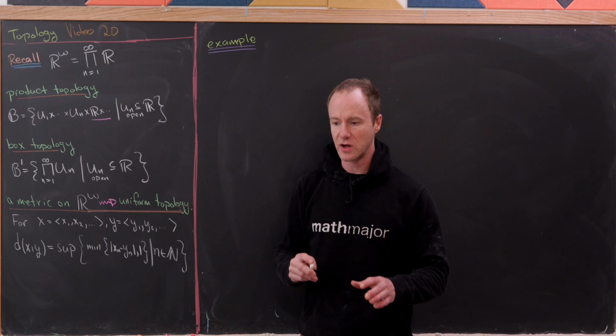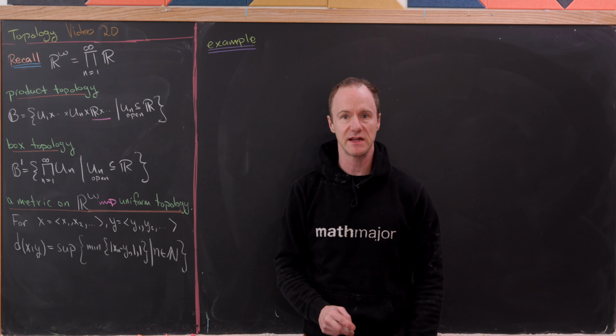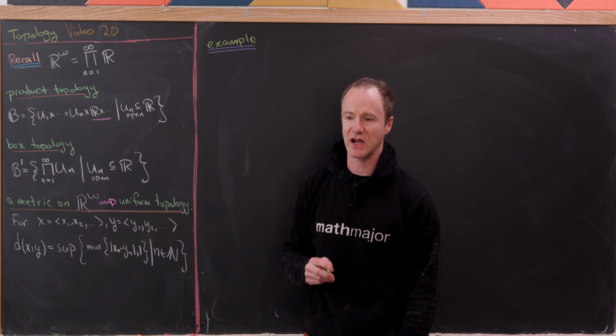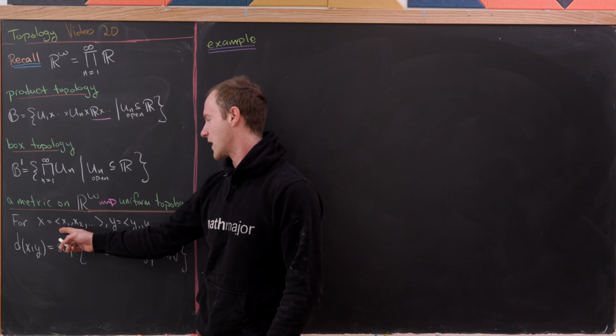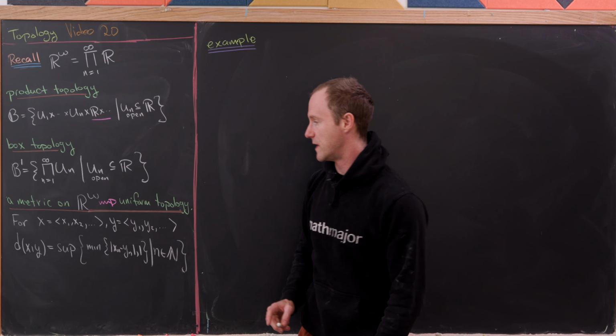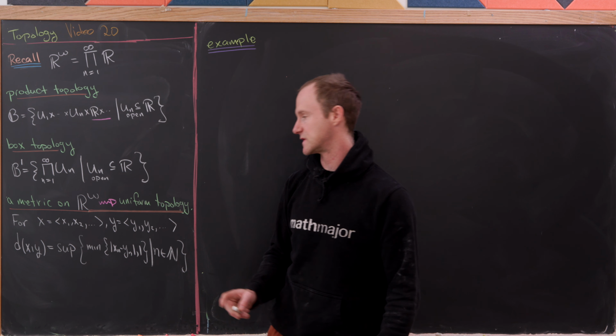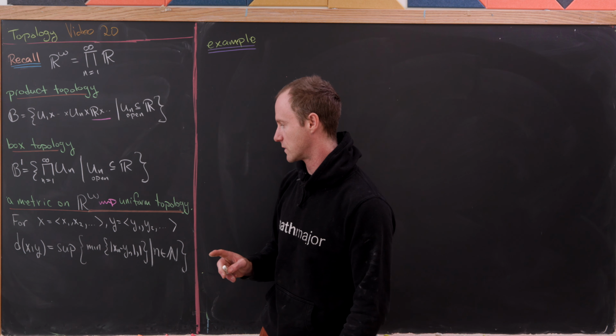And now, in order to create our third topology on this space R omega, let's introduce a metric. We won't check that it's a metric, but I'll let you maybe check it's a metric on your own. That'd be a nice homework exercise. So for x and y in R omega, so that means they're really sequences of numbers or infinite tuples, if you will. So we've got x is x1, x2, x3, so on and so forth.